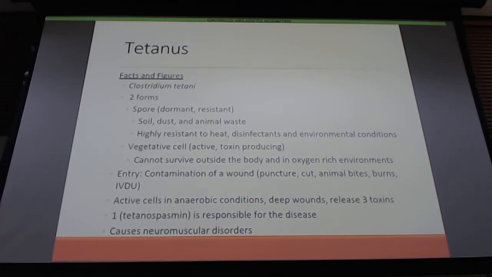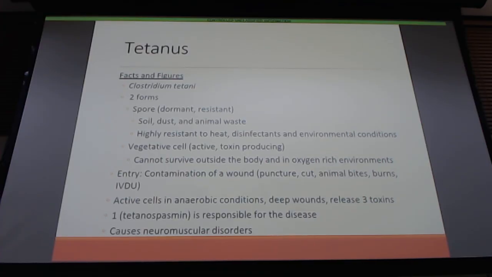How do you get it? Usually from some opening on the wounds of your hand or your feet, and you touch something contaminated with Clostridium tetani, and that's how you get it. All right. Two forms, just like you guys remember blasto and histo. Same deal with this guy. Lives in two forms. He has the spore form, which is the dormant stage or the resistant stage when it lives outside your body. That's how it survives.